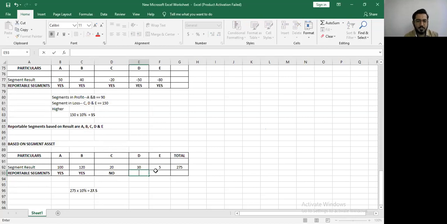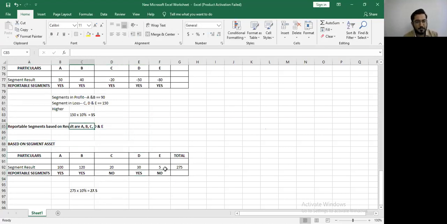Of course, yes. Pawan, please check your answer. Separate disclosures are required for segment D. Finally, what about segment E? No separate disclosures are required.